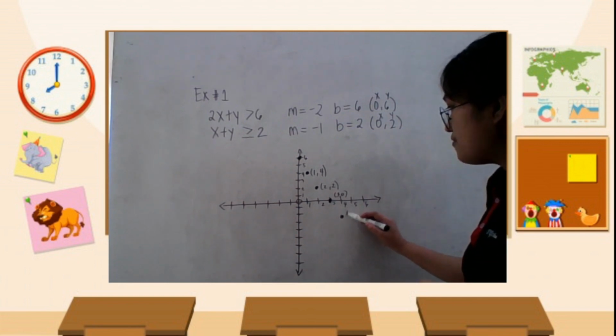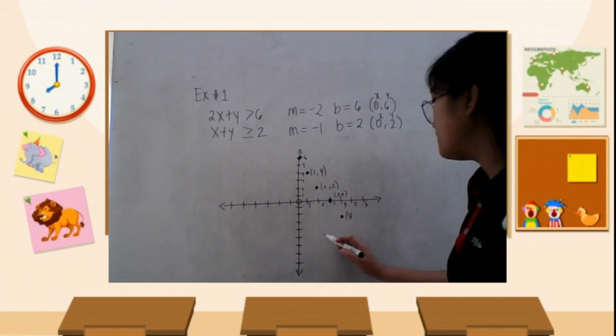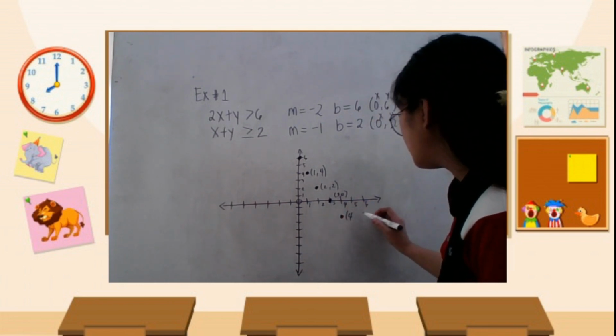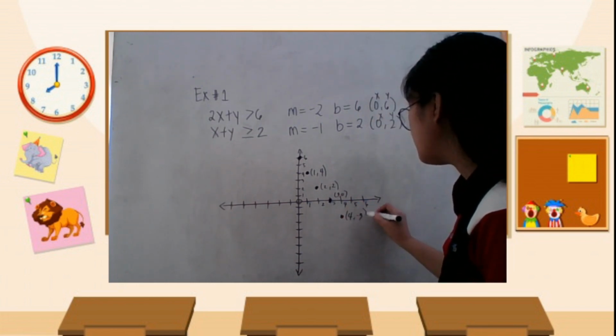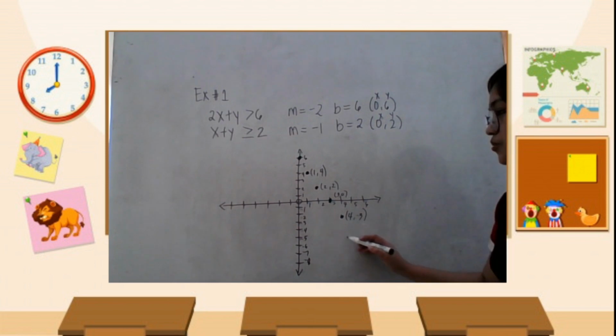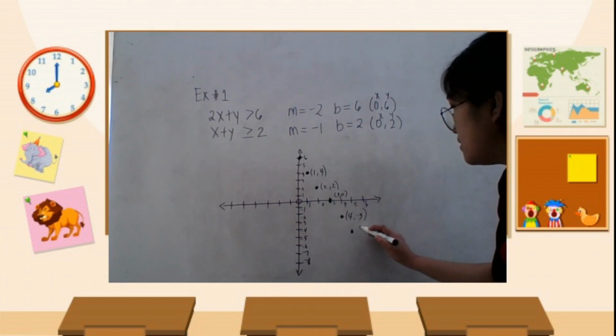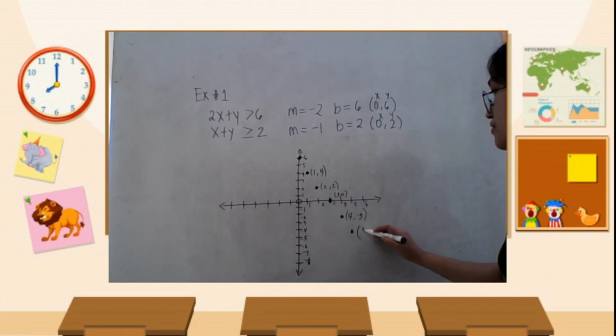Now we have 4 and negative 3. Move ulit tayo sa baba ng dalawa. 1, 2. Move sa kanan ng isa. So, meron na tayong 5 and negative 5.